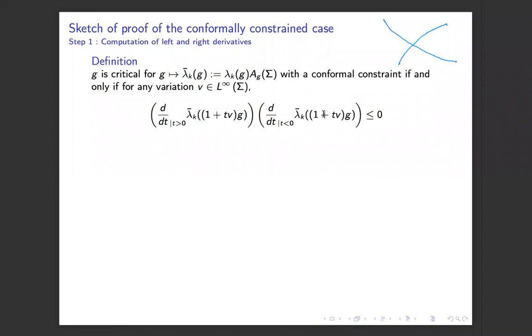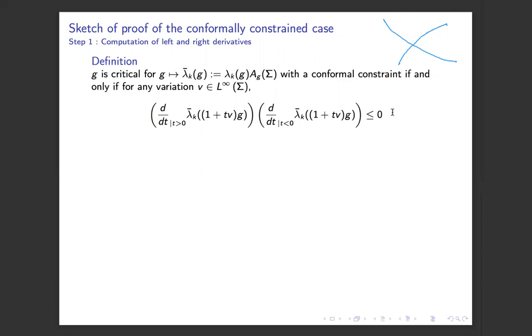And we do it for any variation of the metric. So if we are in a conformal constraint case, you just use variation in the conformal class. That's why I take 1 plus tv as a variation. And the assumption is that this is negative.